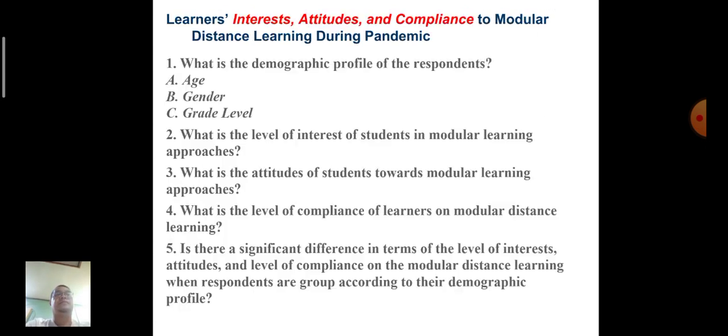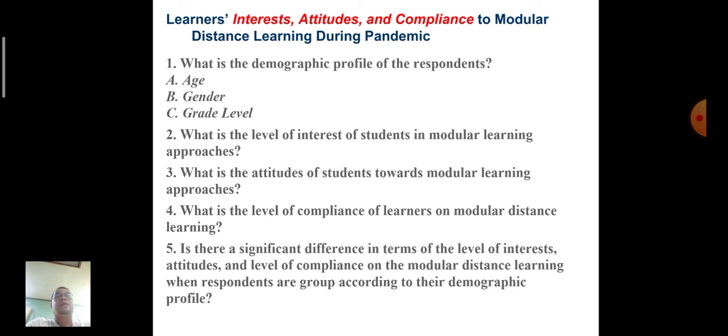So that's it. Another example is on the learners' interest, attitudes, and compliance to modular distance learning during the pandemic. Just the same, in this case, question number one on demographic profile has age, gender, and grade level. Of course, the researcher will be the one to decide what particular demographic data they will be using.